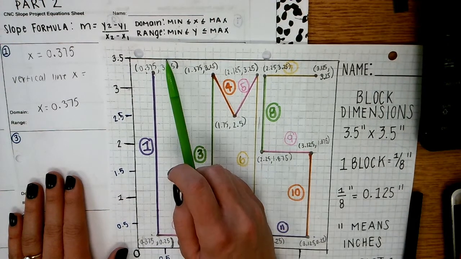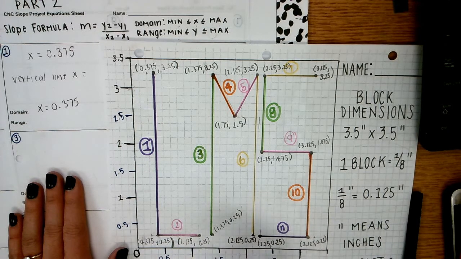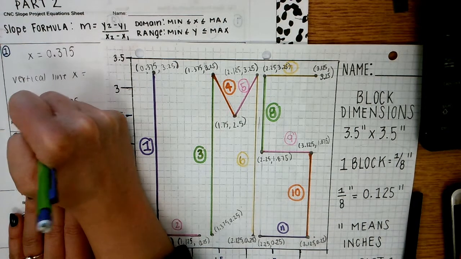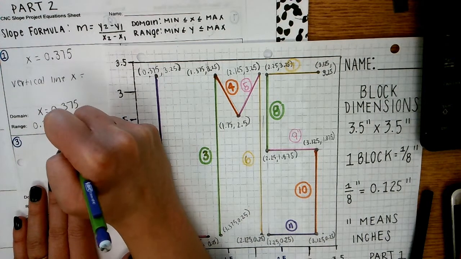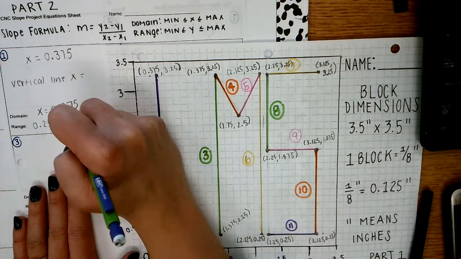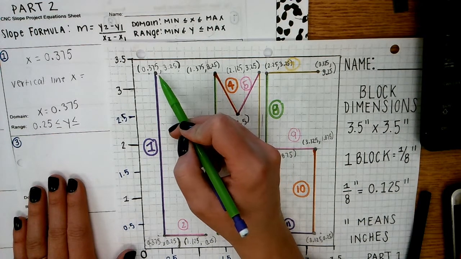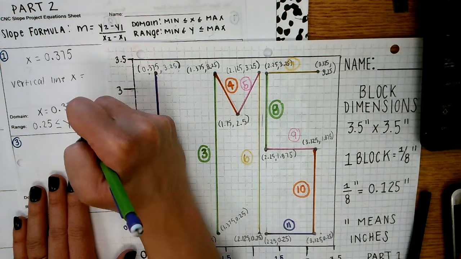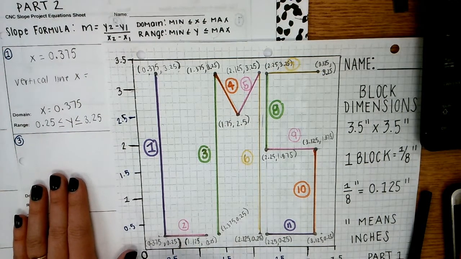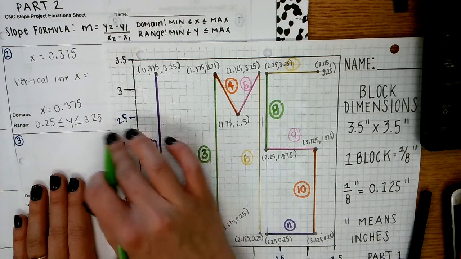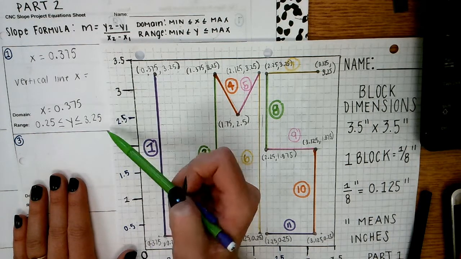So we need to find the smallest y value. The smallest y value on this line is 0.25. So I'm going to say 0.25 is less than or equal to y, because we're talking about range, is less than or equal to 3.25, because that's the biggest y value on this line segment number 1. And now we've completed number 1 on this part 2. We found the equation of the segment, found the domain, found the range.